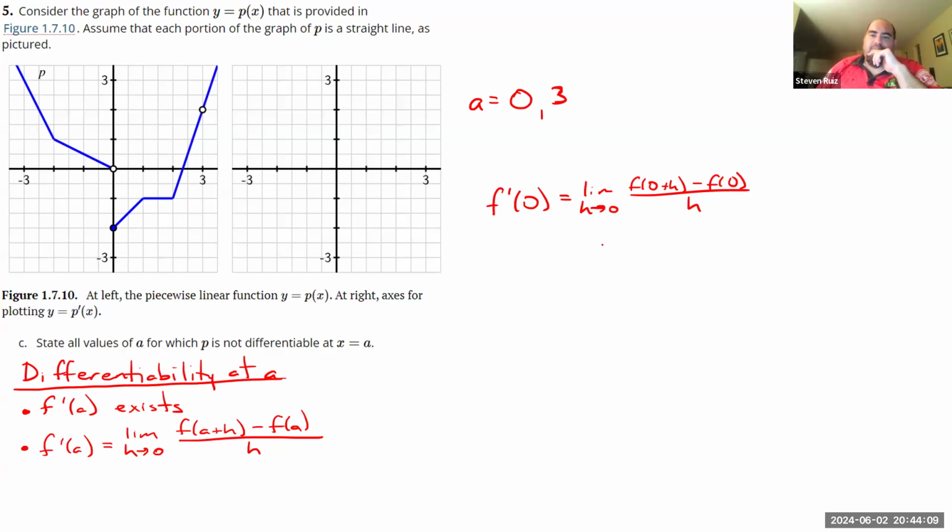But this limit right here, we have different behavior on either side of x equals 0, so maybe we should do this. What's the limit as h approaches 0 from the left of this derivative? And the limit as h approaches 0 from the right of this difference quotient.